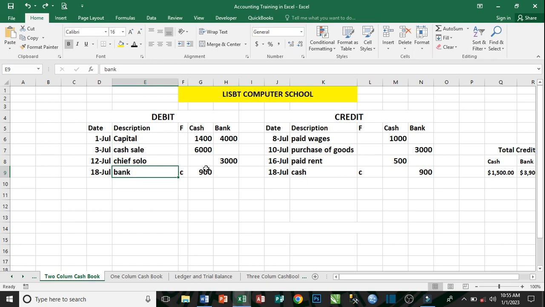So on the debit side, it was cash, so we take it from here. On the credit side, it was the bank. But we use a contra entry because we take it from the bank. So that's how you enter. But when entering this, you have to use this C on the folio column, so the chief accountant will know how you got this money, based on the question they give.